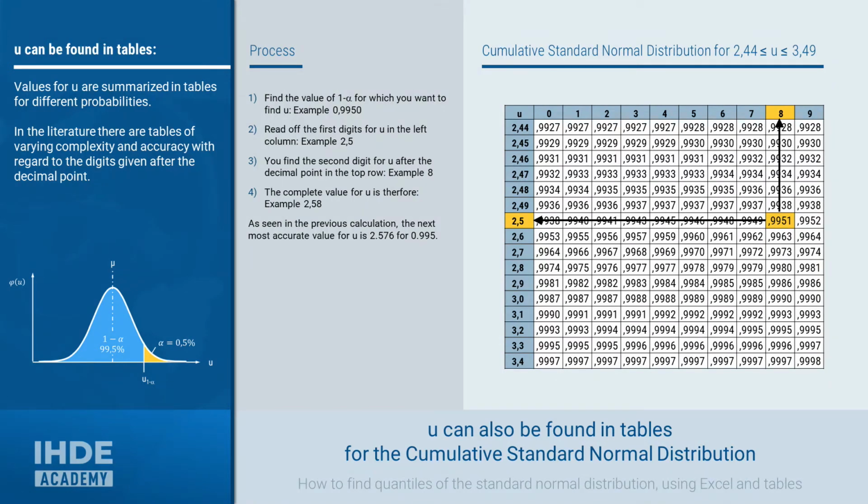The second decimal digit is read off at the top, here the 8. With this, we have found a value for u of 2.58 using the table. As we know from the previous calculation, the more accurate value is 2.576.